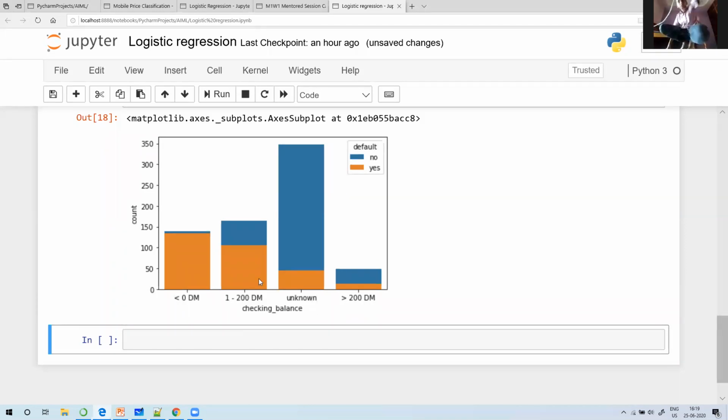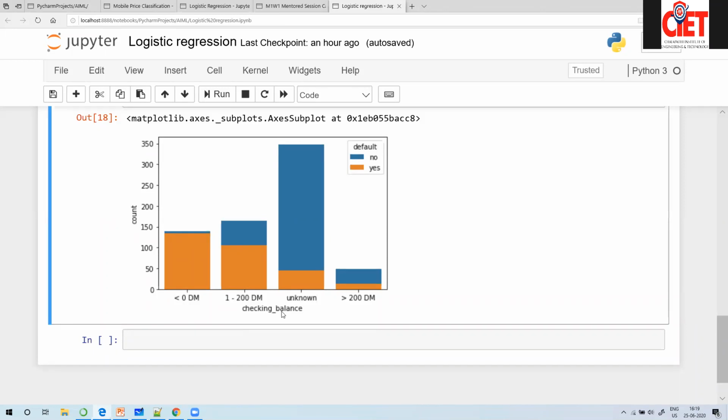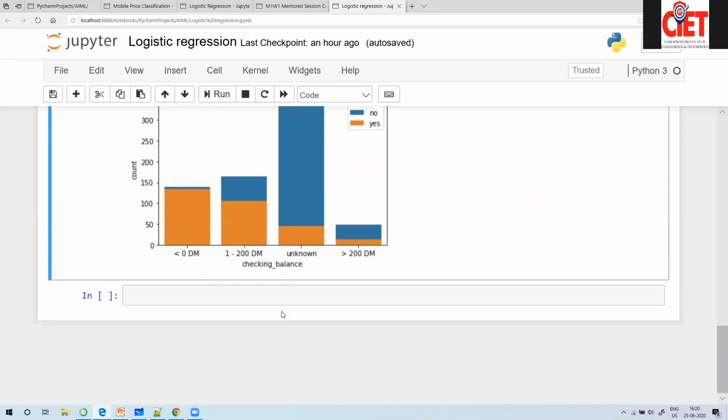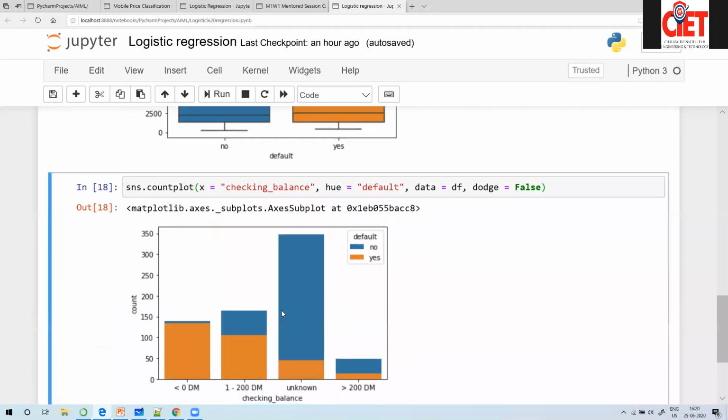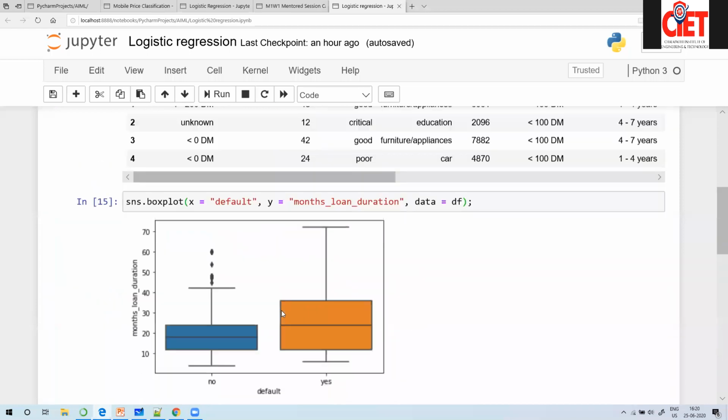And then in the next, $1 to $200 per month, then unknown, then greater than $200 per month. So there is a difference in the ratios of people defaulting in each of these groups. That means checking_balance has some impact on a person defaulting on the loan or not, right? So this is how we do EDA to select the variables.